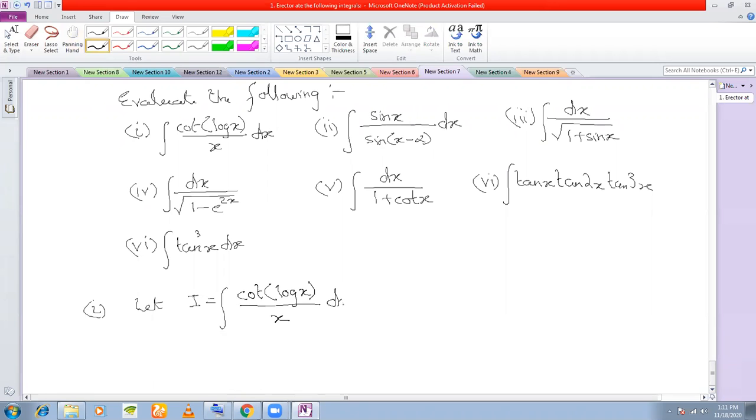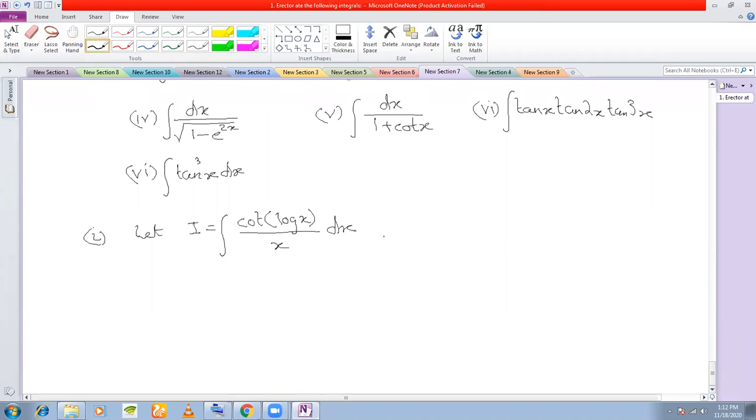You know that the derivative of log x is 1 by x, right? So you put t is equal to log x. Therefore dt is equal to 1 by x dx. This entire thing is equal to dt.